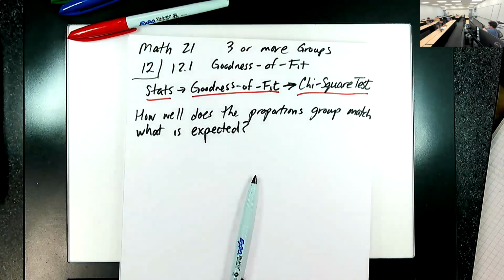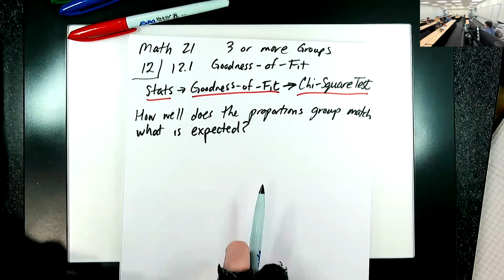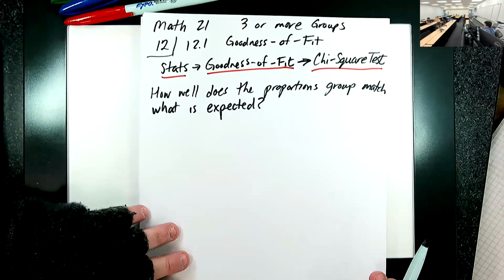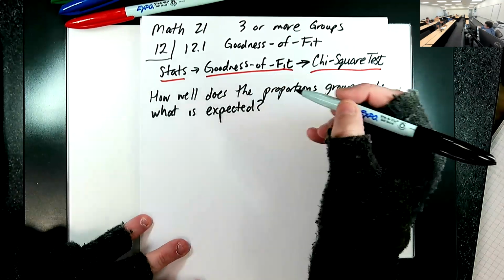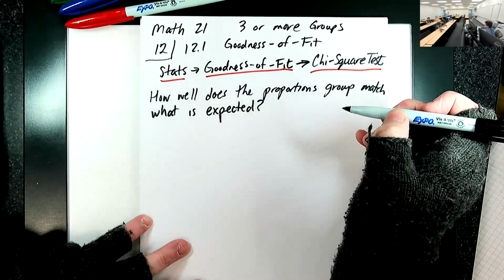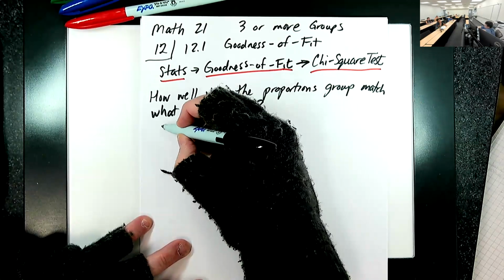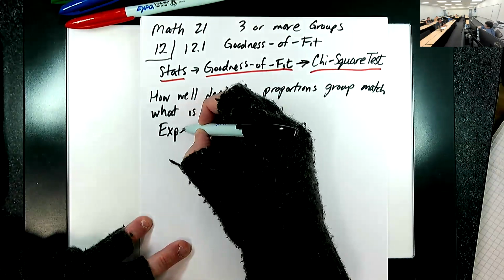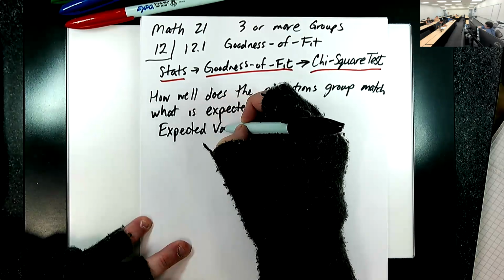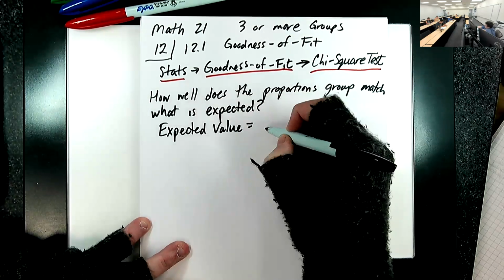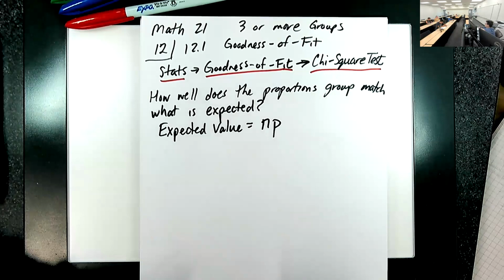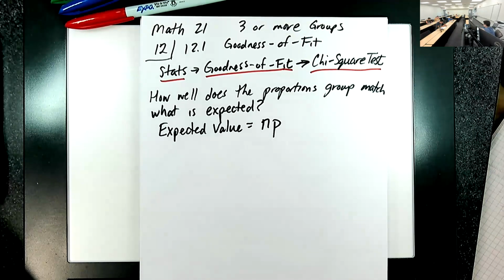Usually, often we will have the proportions that are expected. So we've done this before with expected value back in chapter 6. It applies here, but we're going to do it on more than just one thing. It'll be n times p.